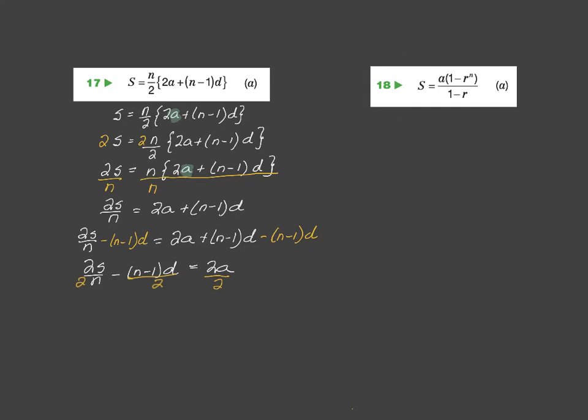The first term on the left-hand side, 2 divided by 2 is 1. So I have s over n minus, I can't simplify the next term, (n minus 1)d over 2 is equal to, and on the right side, a. Writing it the other way around, you've made a the subject of your formula.